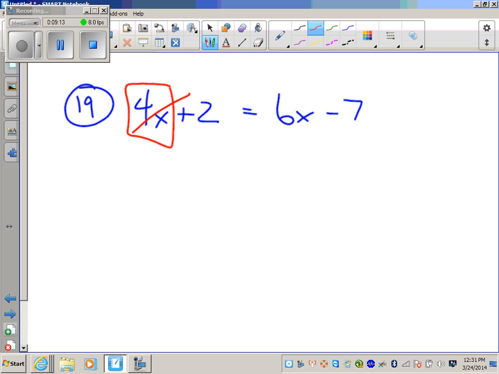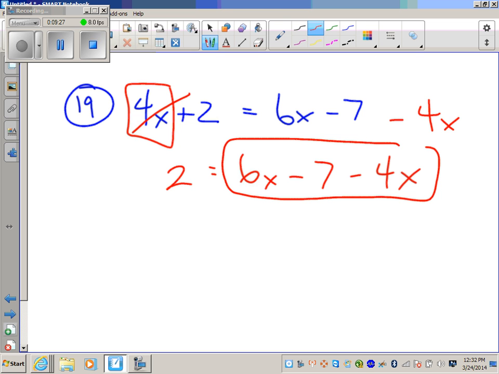Subtract it. So now I have a -4x. So on this side, I have 2 is equal to 6x minus 7 minus 4x. Can I do any simplifying with any like terms on this side? How so? 6x and a -4x leaves me with 2x.